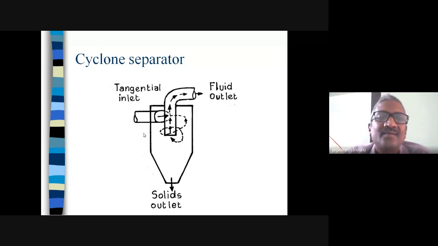This air contains two types of particles. One is lighter in weight, having a lighter mass, and the other is heavier in weight, having a heavier mass. When the air enters the cylindrical chamber through the tangential inlet, the particles rotate around the chamber. During that time, the centrifugal effect is created.